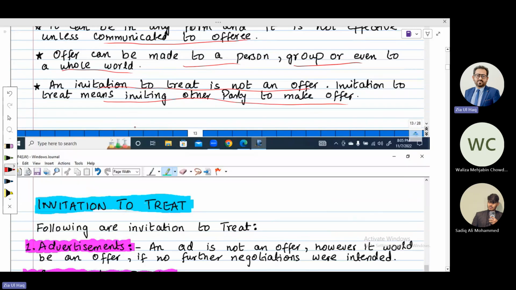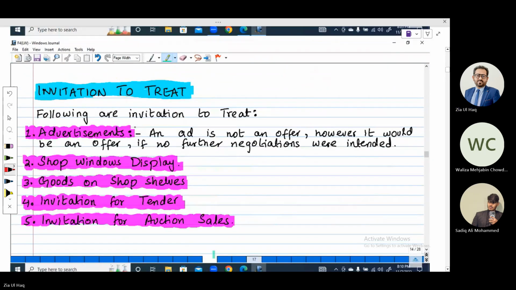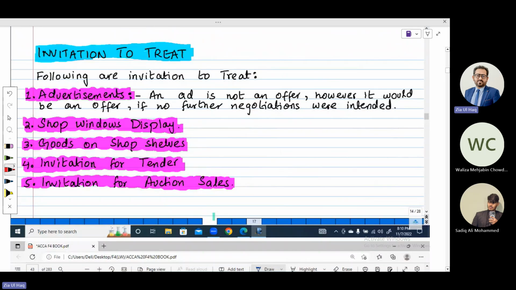So let's discuss further. Invitation to treat, following are invitations to treat. Advertisement. An advertisement is not an offer. However, it would be an offer if no further negotiation were intended.